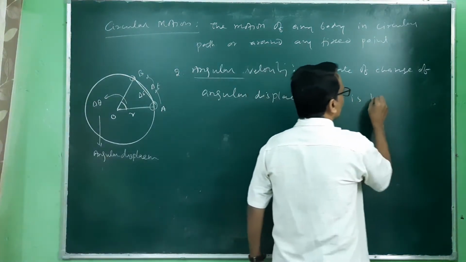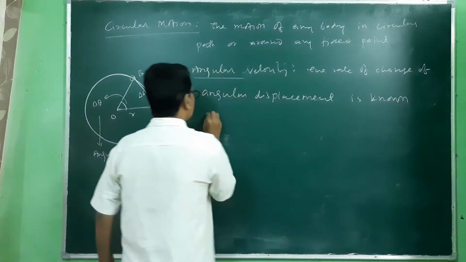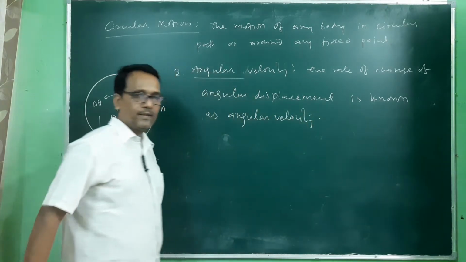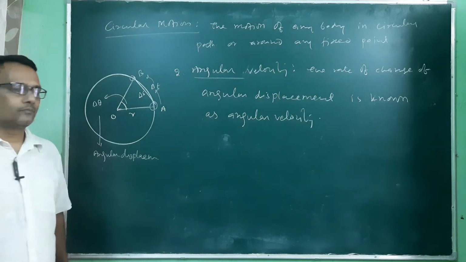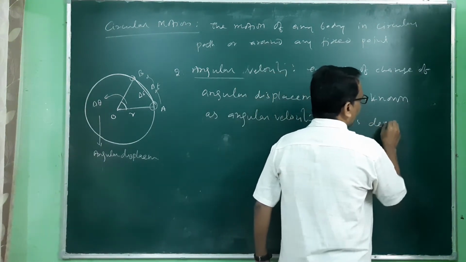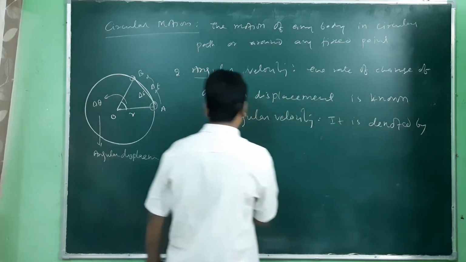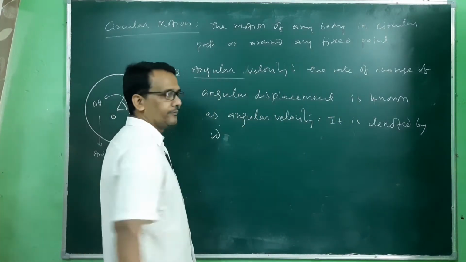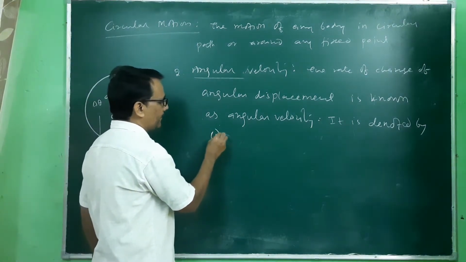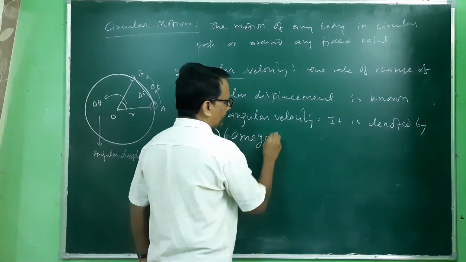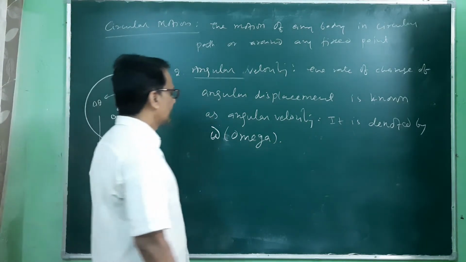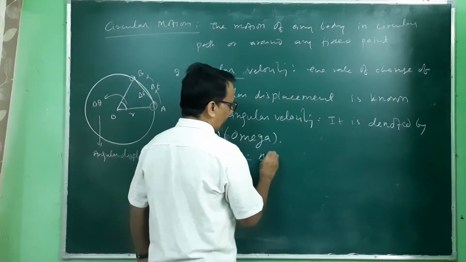It is denoted by omega. So this omega is equal to delta theta by delta t.